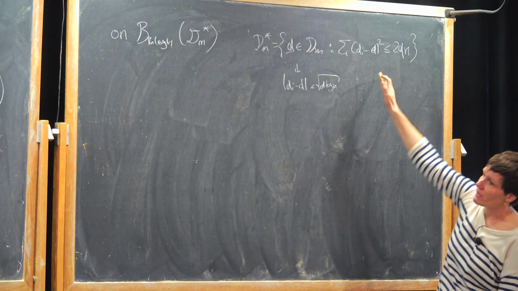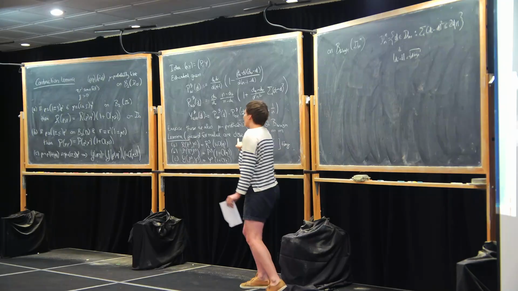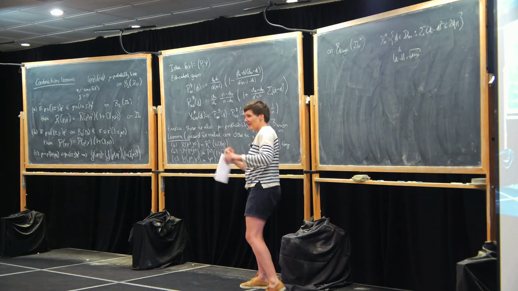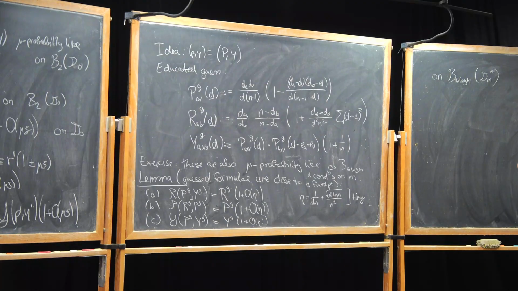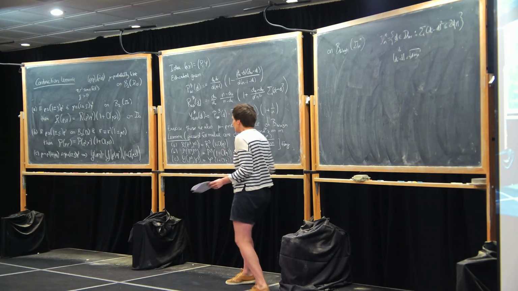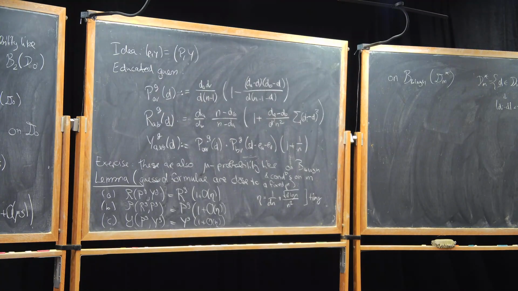But with these restrictions, you can verify this lemma by hand. You can go through these calculations and verify for yourself that you get these near fixed points, that these are very close to the fixed point.